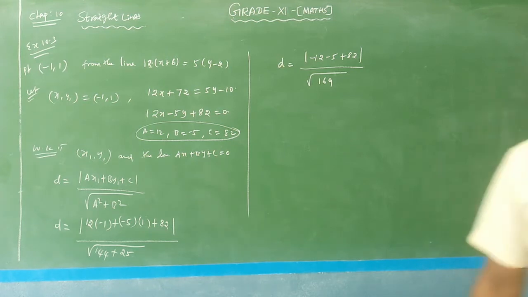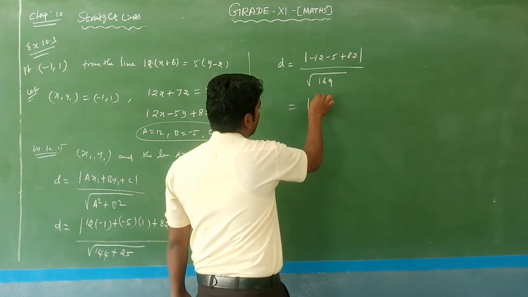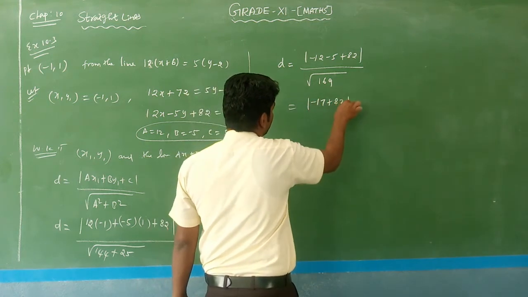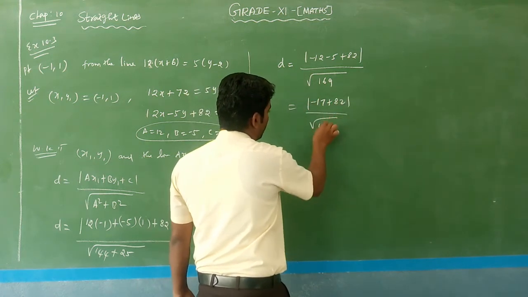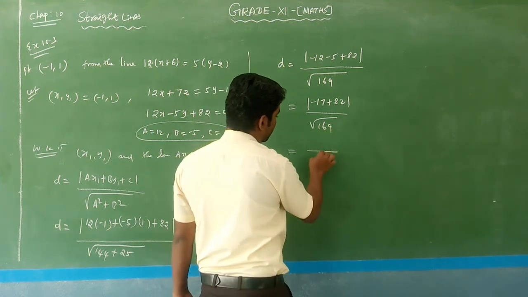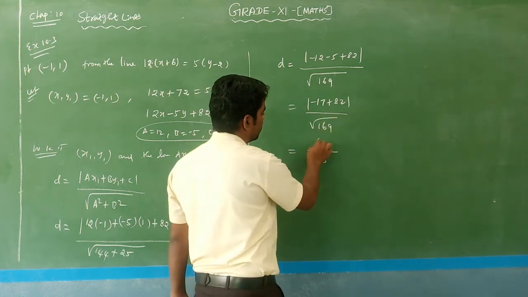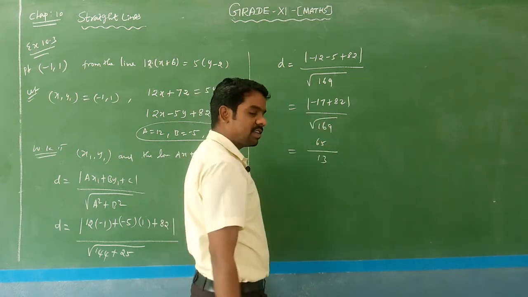Okay, simplify this. -12 - 5 is -17. So |-17 + 82| divided by the root of 169. The root of 169 is 13. -17 + 82 is 65. The modulus of 65 is also 65.